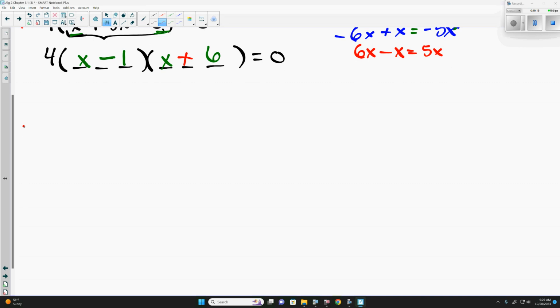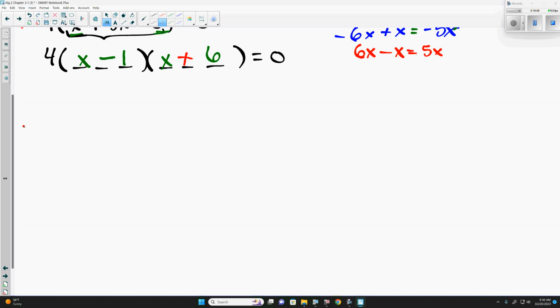No questions? Now, if we look at this here, we don't have just 2 things multiplied together. We have 3, yes? There's one of those 3 that it doesn't matter: the 4. Because if we think of this in terms of the expressions, can we plug a number in to make x minus 1 be 0? Yes. Can we plug in a number to make x plus 6 be 0?